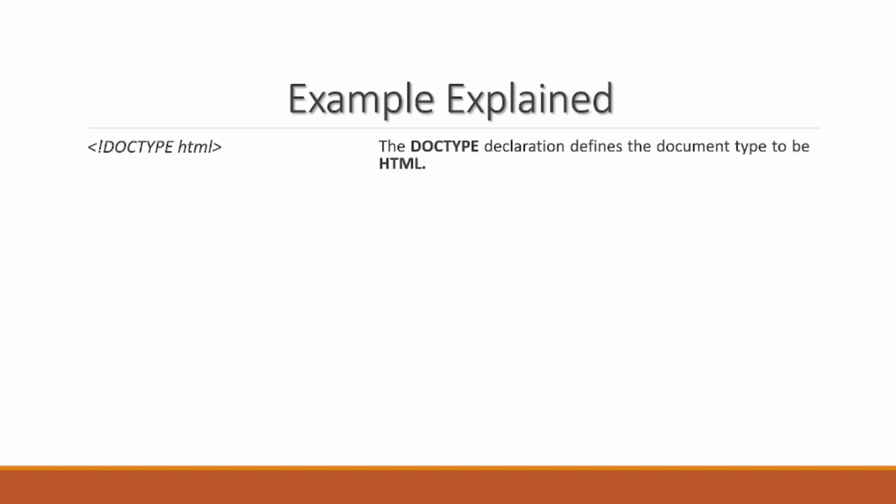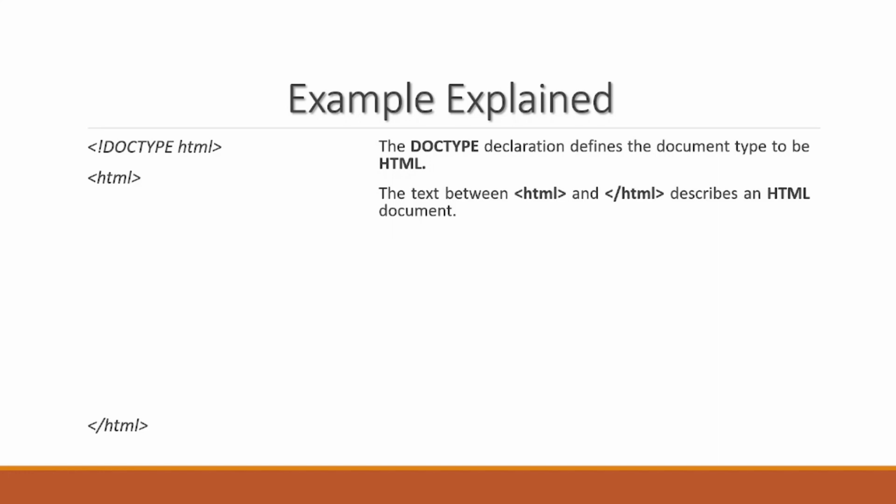The first item on the document, which is your doctype, the doctype declaration, defines the document type to be HTML. What this does is that it helps the browser to understand what type of document it is about to preview. So you're declaring the document to strictly be HTML.